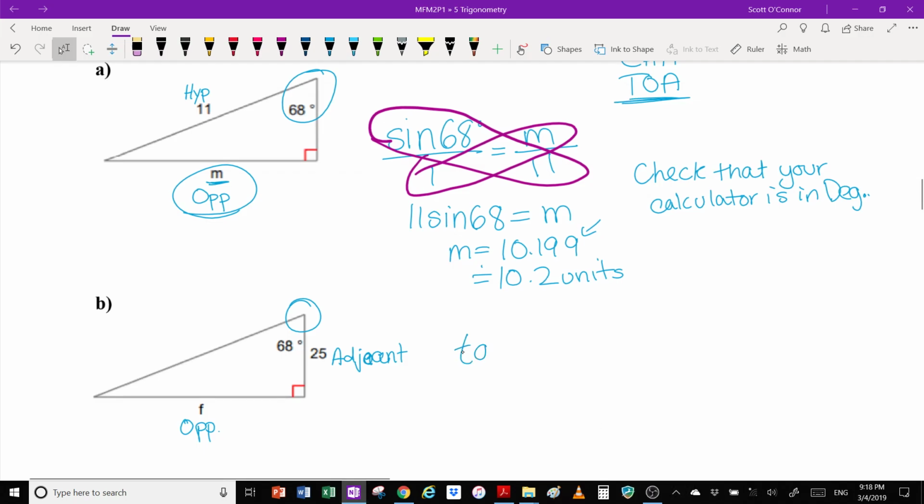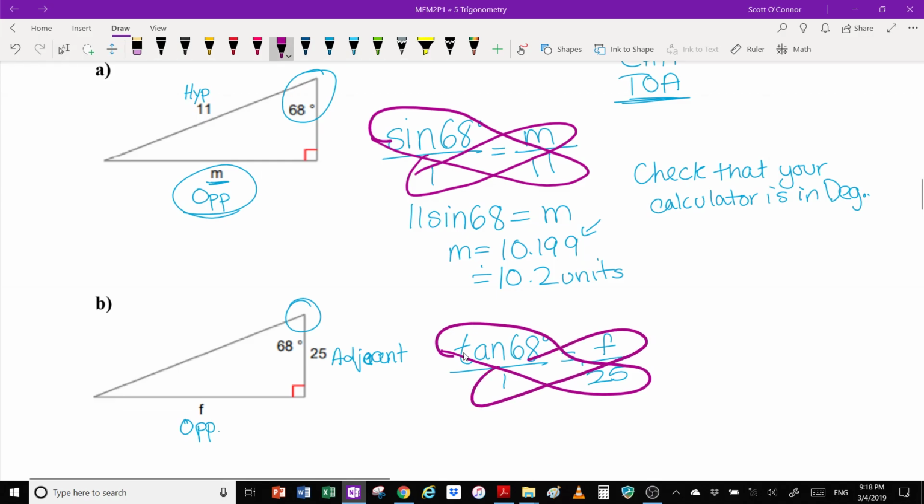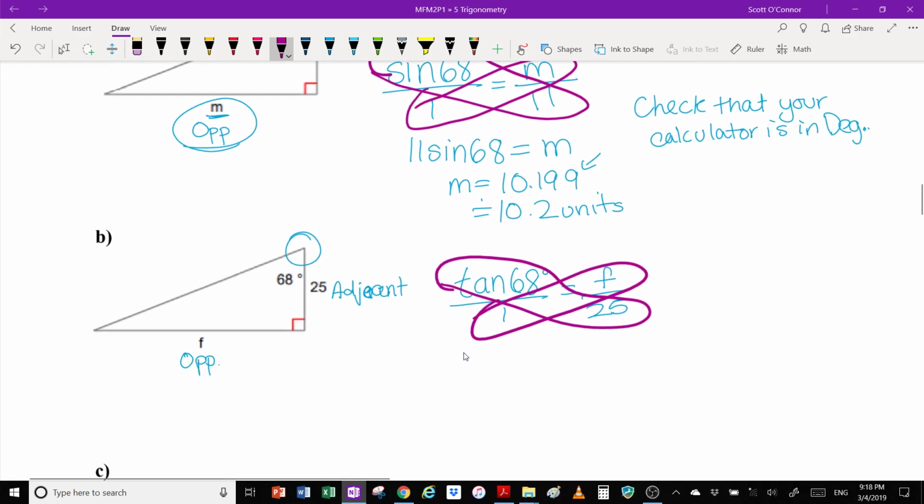So I'm going to write tan 68 degrees over 1 is equal to opposite, in this case f, over adjacent, 25. Good, now I'm going to do my cross multiplication, and I end up getting 25 tan 68.